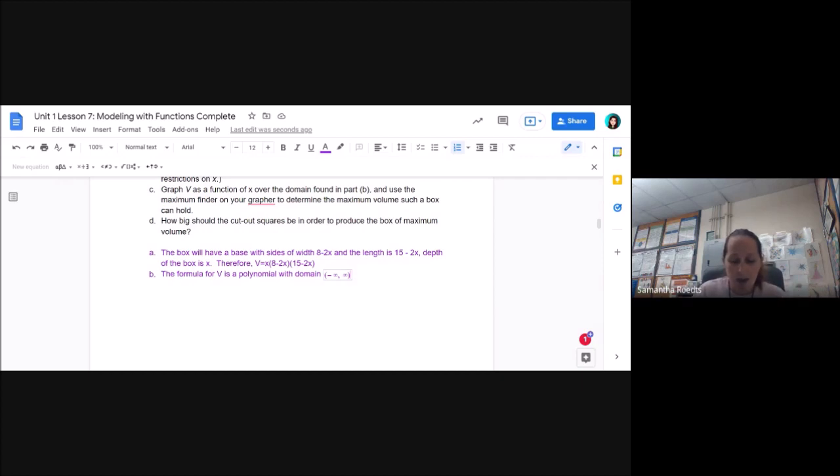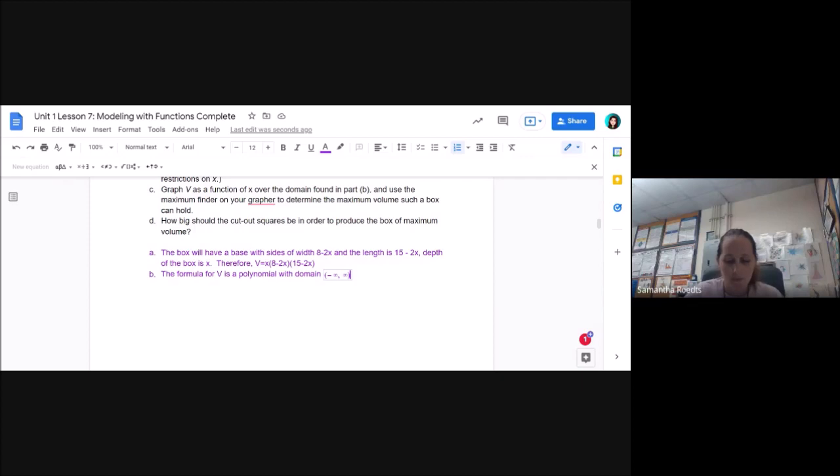I do know, however, that my depth can't be negative. It can't be negative because if I had a negative volume, that means I have a box that doesn't exist. I have to have a positive volume when I'm dealing with boxes.